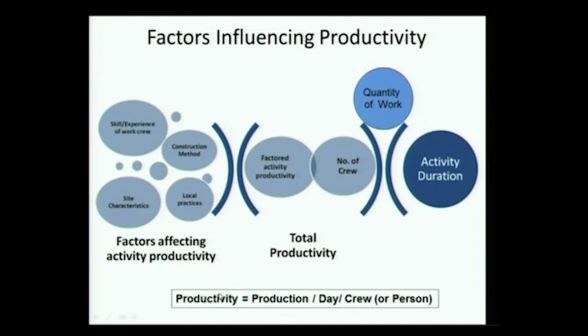The way we are defining productivity is production per day per crew. I want to take this opportunity to make a point. A lot of times we have projects where they say they have to improve productivity, and so what do you think the control action is?